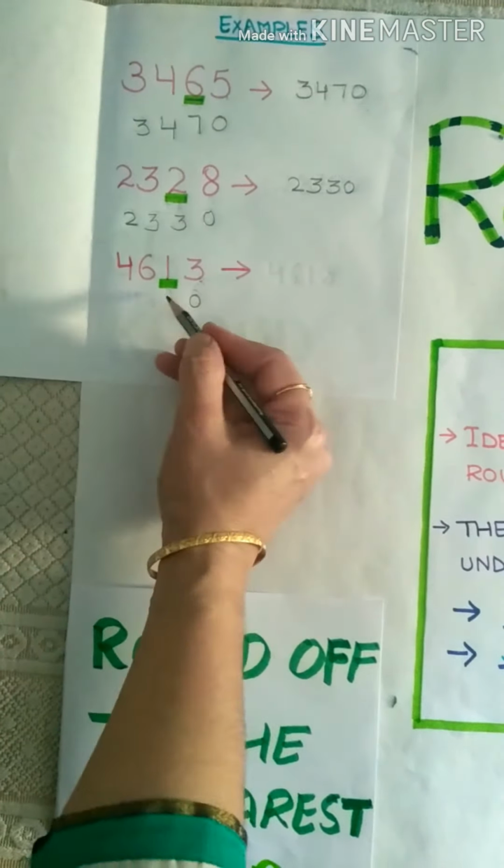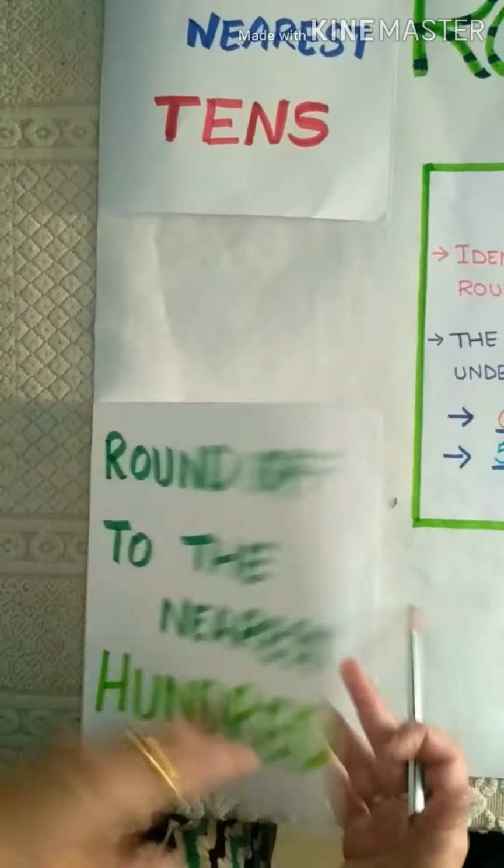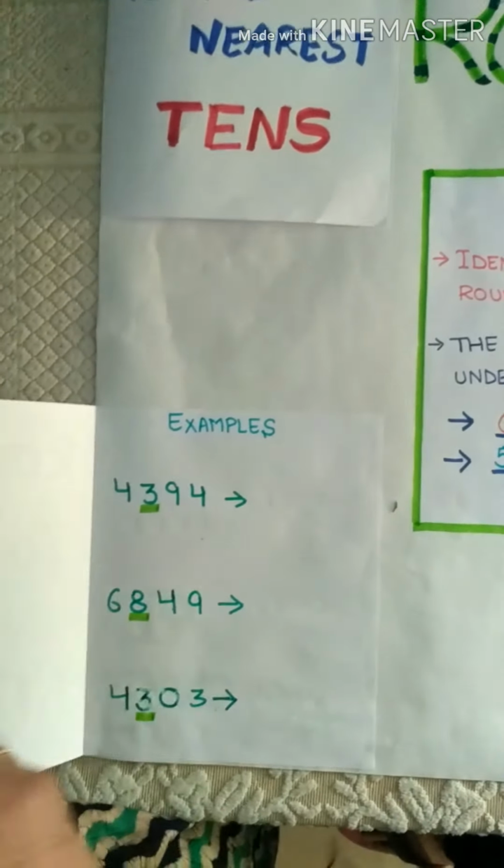Now move to rounding off to the nearest 100. Here again I have a few examples. The first number is 4394. Now find out the digit which is at the 100 place, because we are going to round off to the nearest 100.